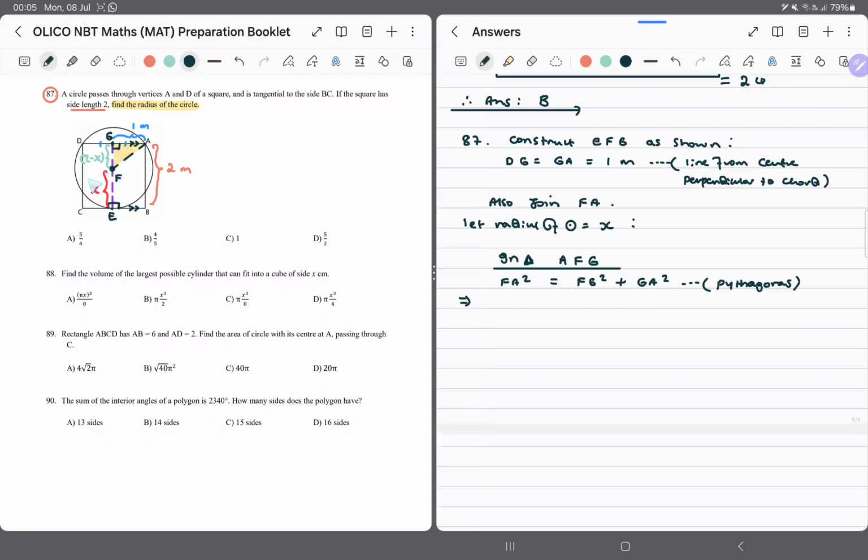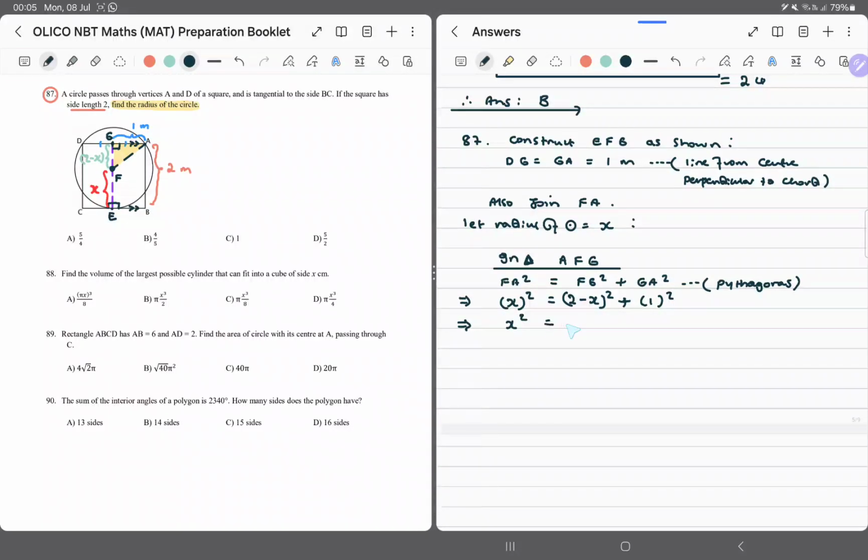So the radii are also equal. So this is going to be x all squared equals FG, which is basically 2 minus x, and then we are squaring that. Obviously, this is logically the case. We don't need to justify that. Then GA is 1 meter, and then we are squaring. We already justified it above, so we just keep moving.